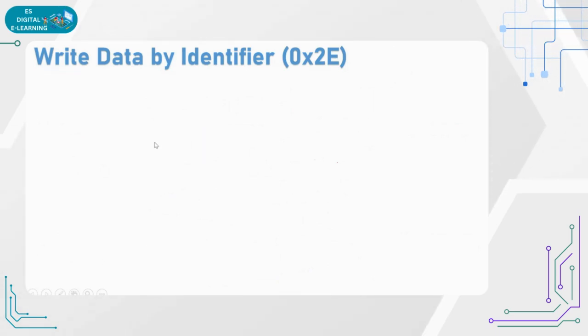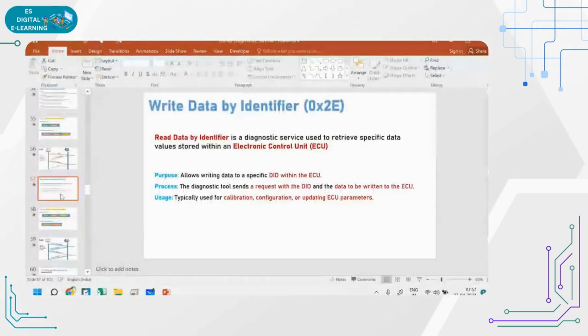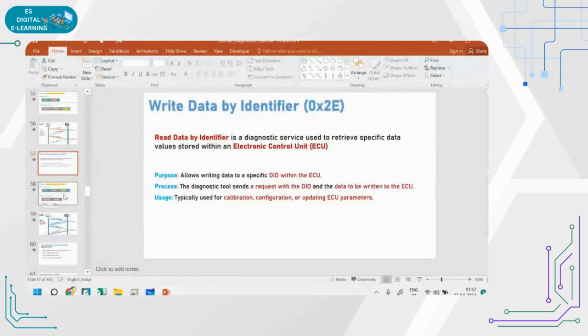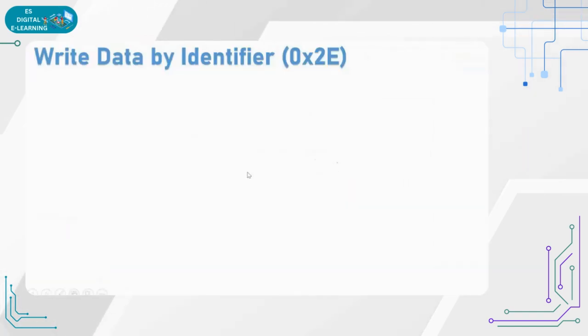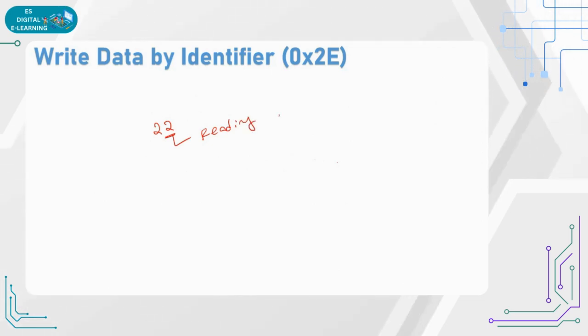And next, similarly, we have write data by identifier. Is it clear till now? Okay, so next will be write data by identifier. With 22, we are reading. Suppose I read the data of A1, A2, and its stored data is 01, 02, 03.